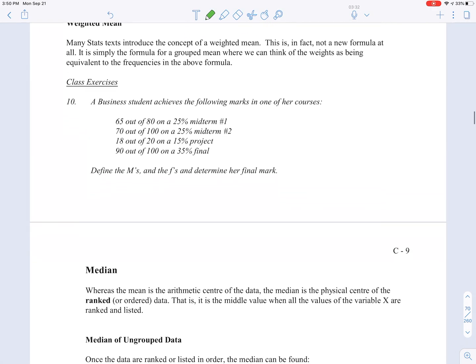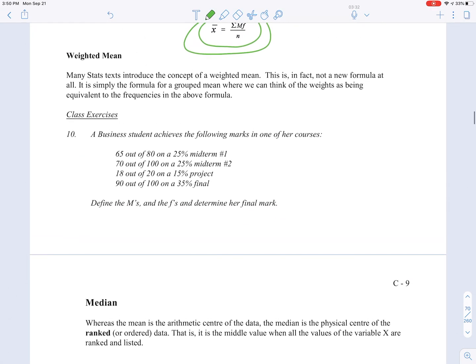Okay, I'm going to assume that you've done that. And this is how it works: you can say that the mean is equal to the sum of the mf's over n. Now, one thing we could do is bring that n up. So it would be the sum of the m's times the f over n's.